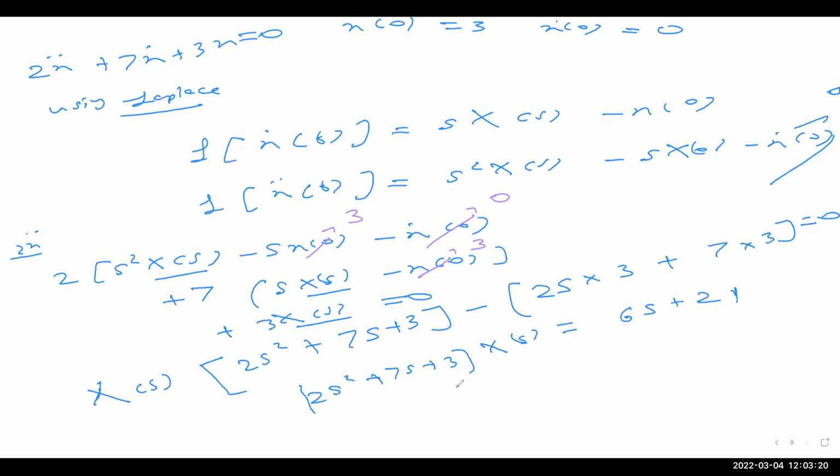Now, if we isolate X(s), we get 6s plus 21 divided by 2s squared plus 7s plus 3. The point of me doing this is to get into something like this, so that we can get the inverse Laplace. We can't just leave this, because it's in the frequency domain. Let's say this is a second order differential equation, and x is a position, so this is a velocity and this is an acceleration, right?